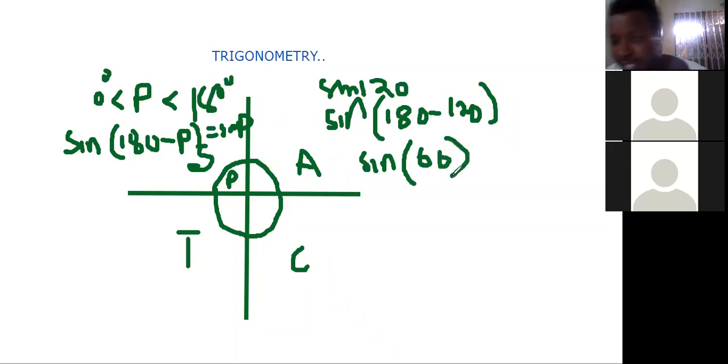Now, check sine 60 and see if they are the same. They should be the same answer. So the acute angle of sine 60 gives the same value as the sine 120 you were given in the question. Are you getting it?